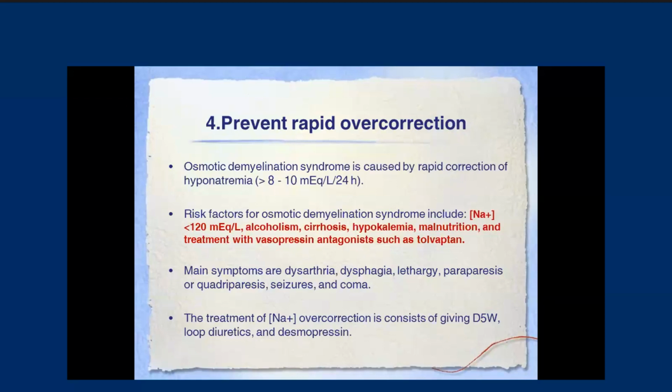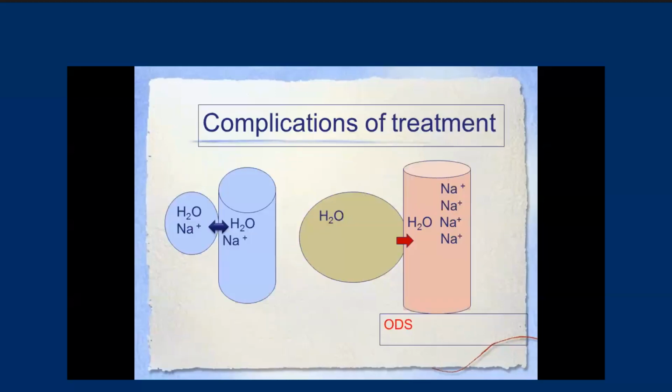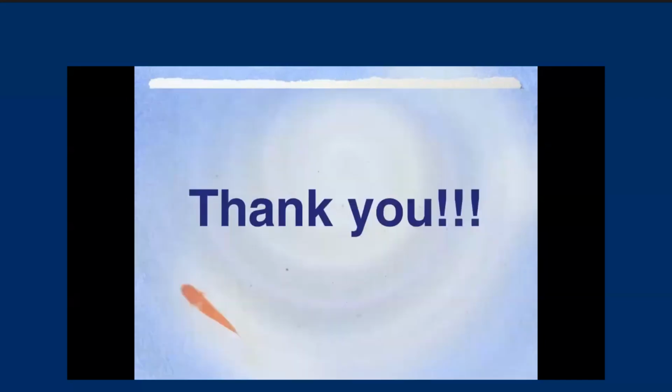And once we have given them that, then we can treat the hyponatremia. So this is all about the approach to hyponatremia, and I have mentioned the complication for treatment of hyponatremia, and thank you.